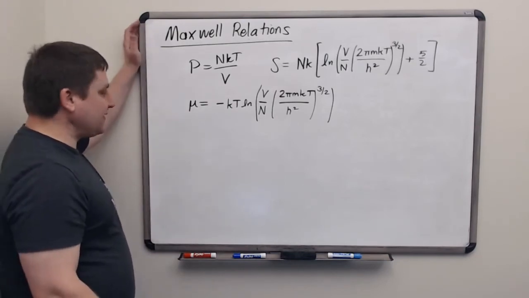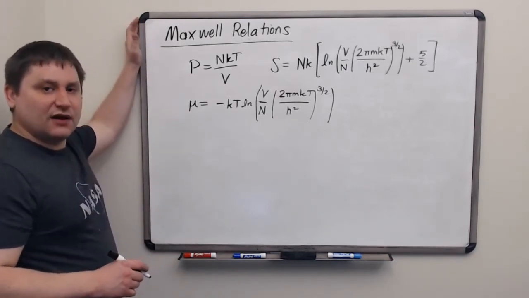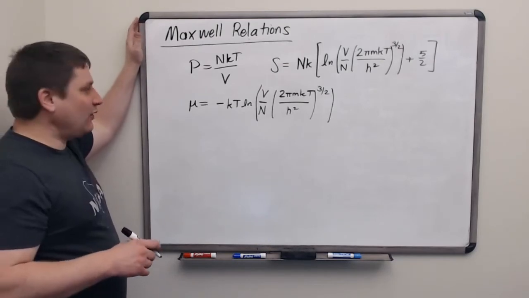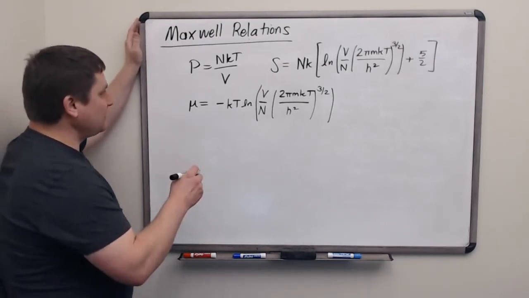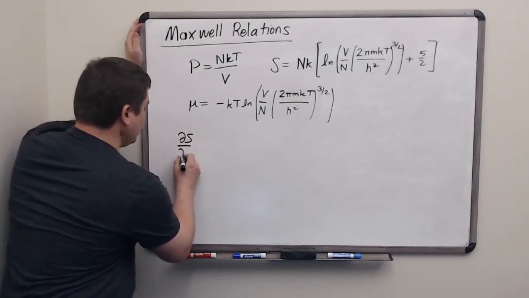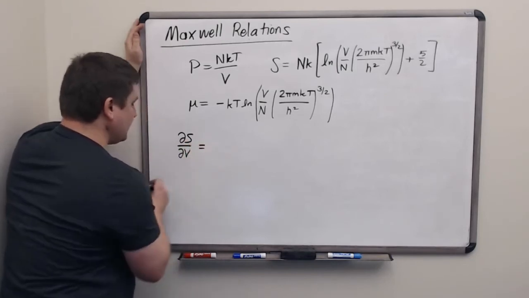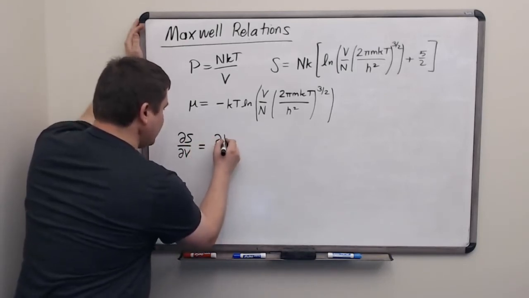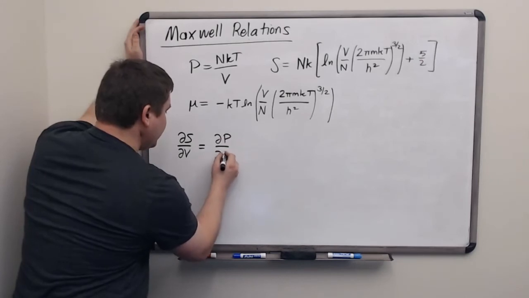Now let's test the three Maxwell relationships that were derived from the Helmholtz free energy. Do we remember what they are? One of them should be dS dV equals dP dT.